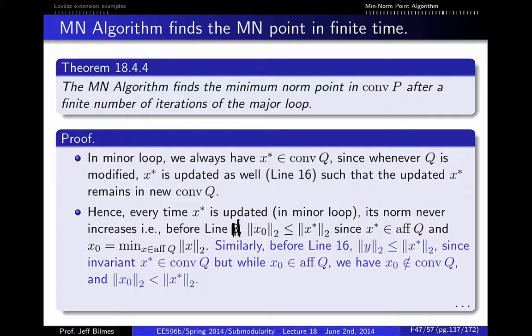The reason we have that is, again, because of this invariant: x star stays within the convex hull of Q. We have that x naught is in the affine hull of Q, but x naught is not in the convex hull of Q because we checked the condition on line 10 and that was false. Okay? So therefore, the 2 norm of x naught is going to be less than the 2 norm of x star.